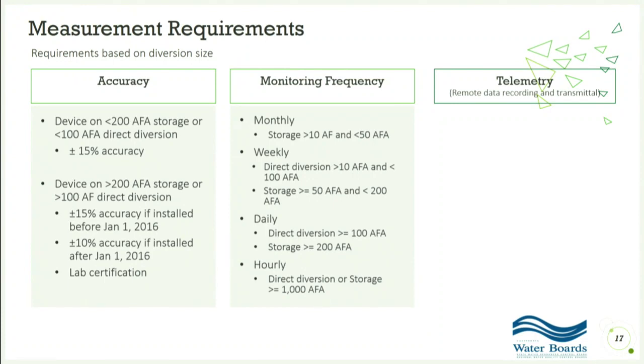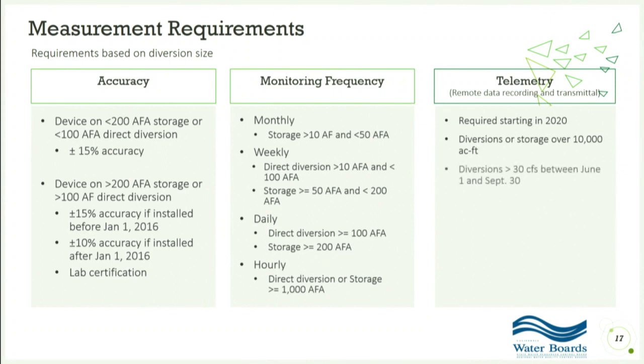And then the next requirement is for telemetry, which will be required starting in 2020. It's required of the largest diverters, for direct diversion or storage over 10,000 acre-feet. And telemetry is the remote data recording and transmittal of that data.